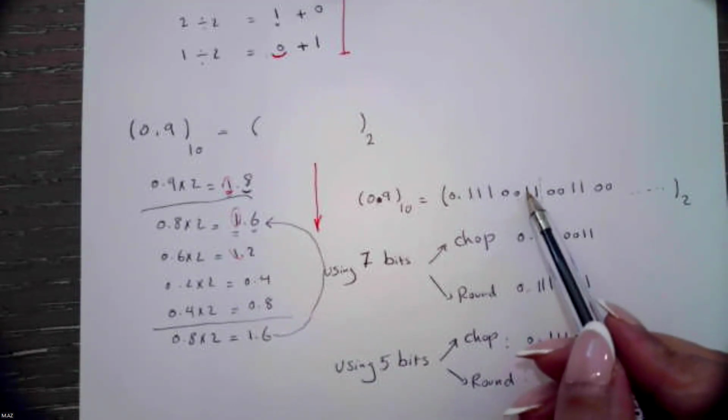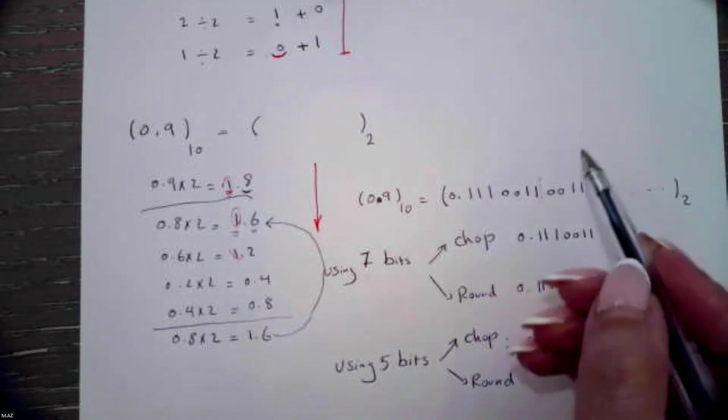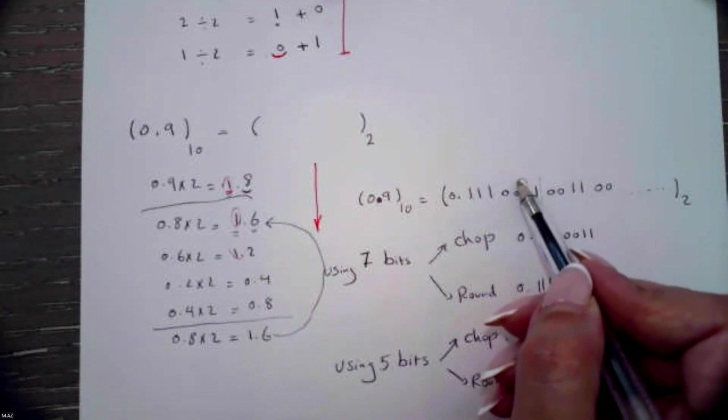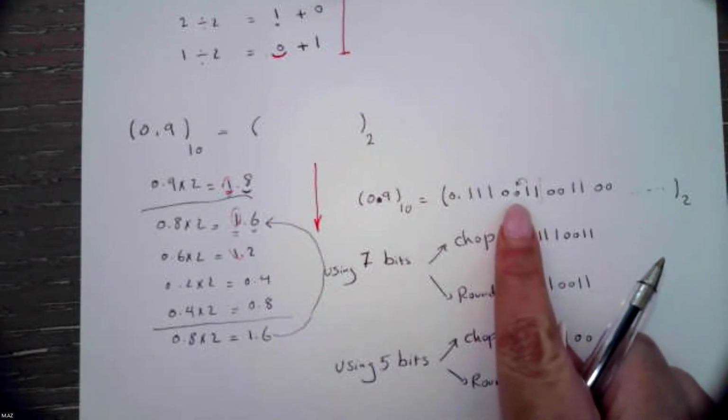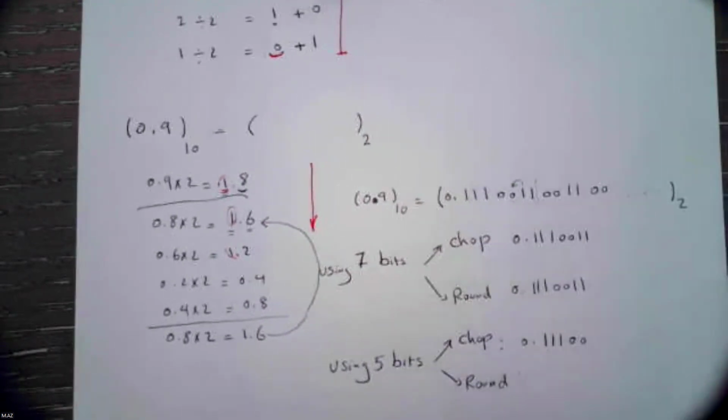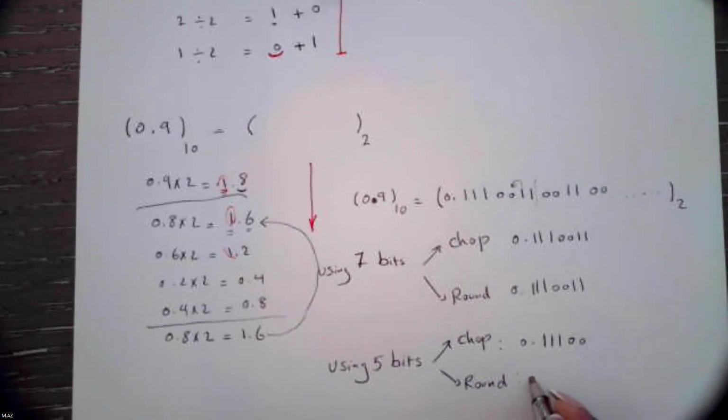It is a 1. We have to bring this number to here, okay? And as you can see, in the 5th bit, the number is a 0. For this reason, the answer becomes 0.11101.